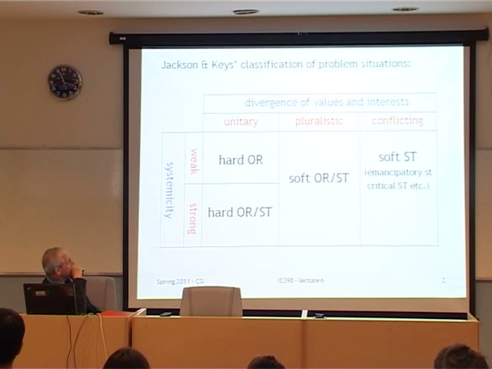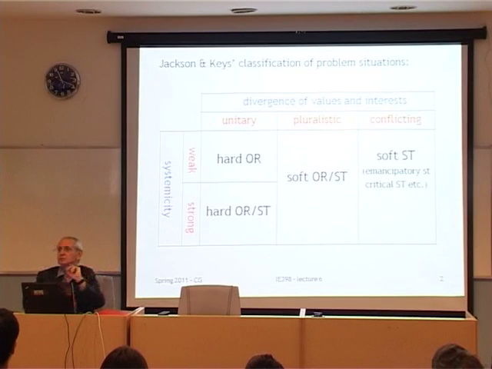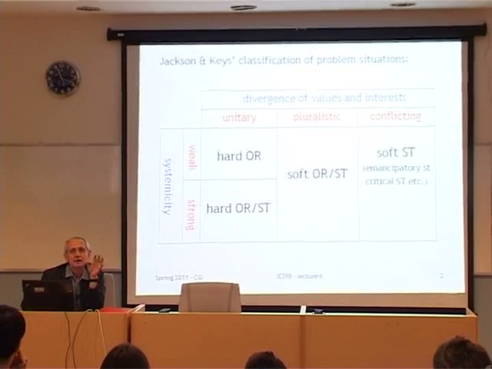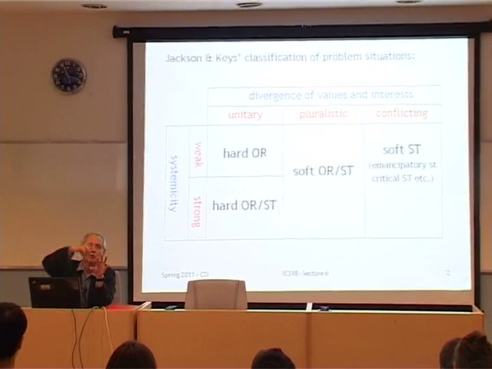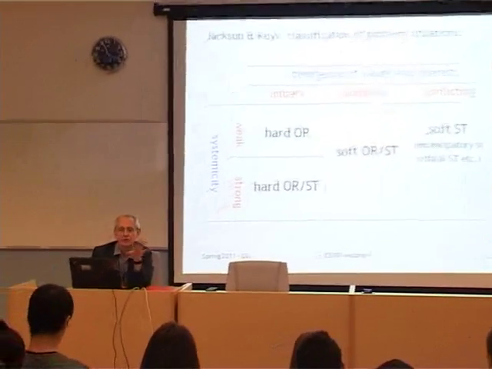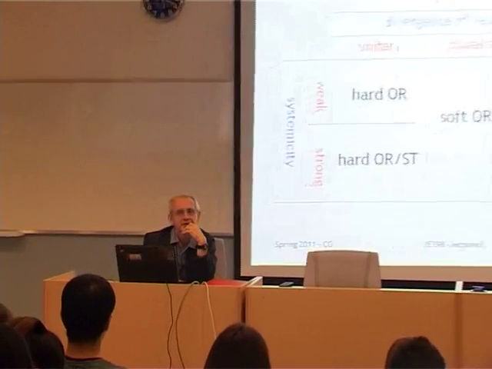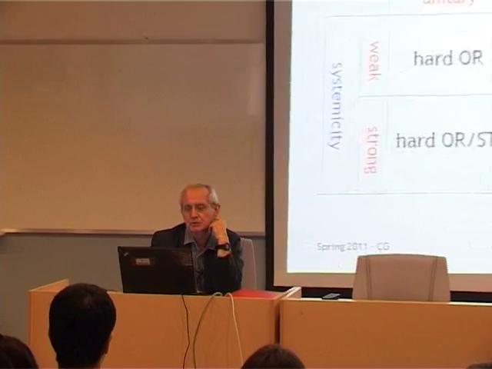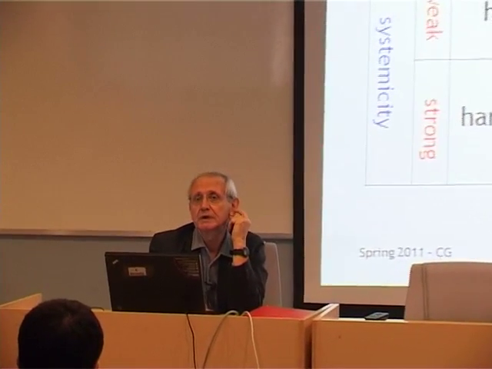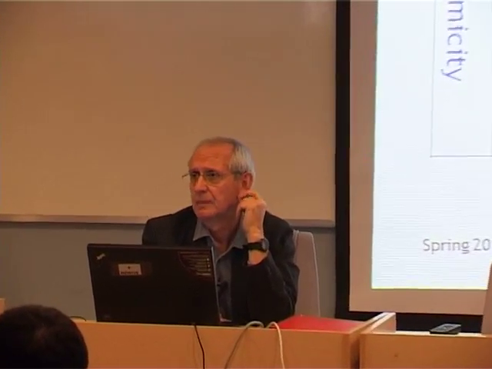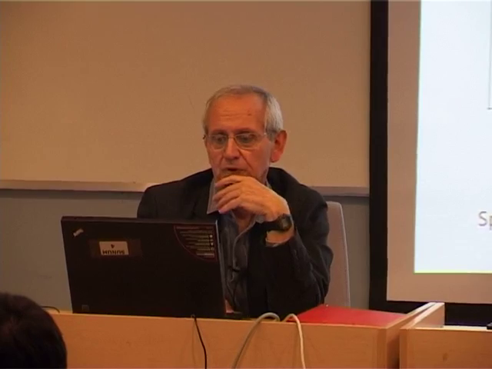So as you can see, here we have hard OR. For example, some problem situations lie in the world of problem situations where we understand them as hard OR problem situations. Now, how do we define hard OR? Well, there are two dimensions that define the type of problem situations.